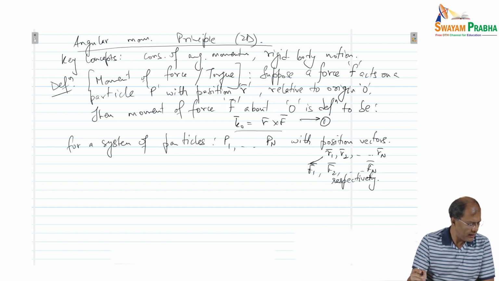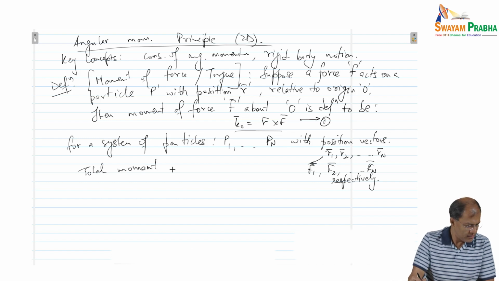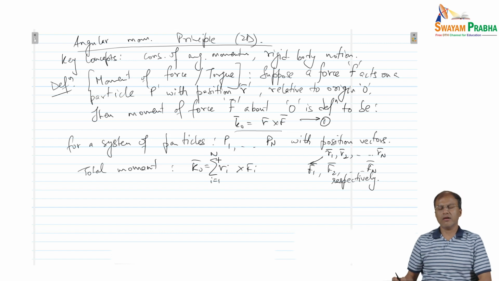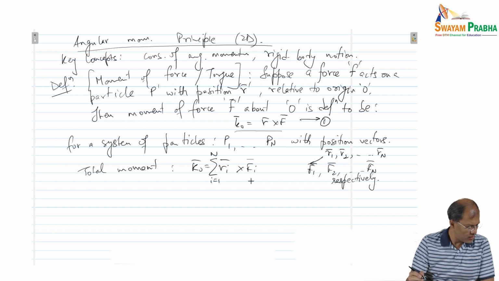So the total moment is going to be KO is the sum of Ri cross Fi. So we sum it over all particles under consideration. Remember, this is a vector cross product.